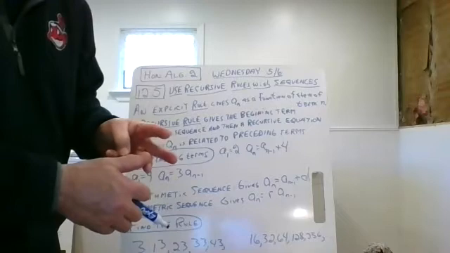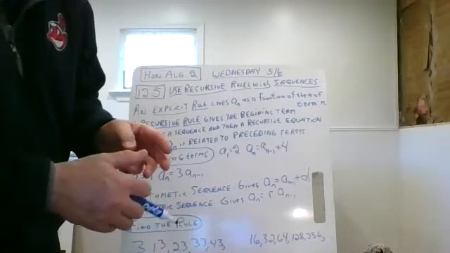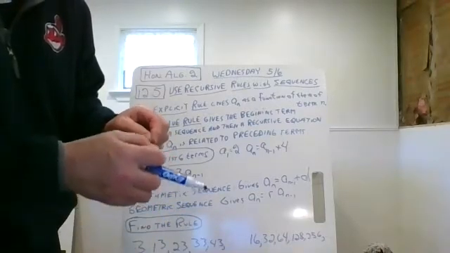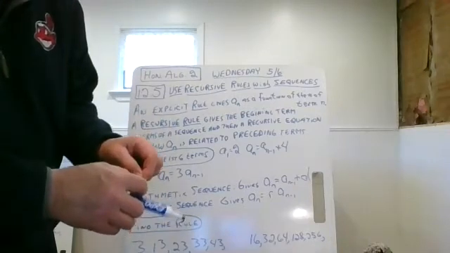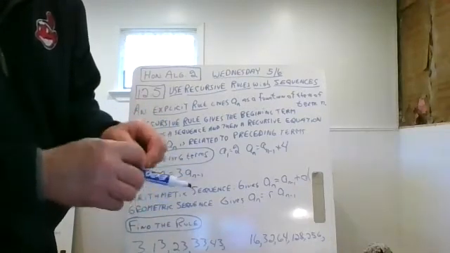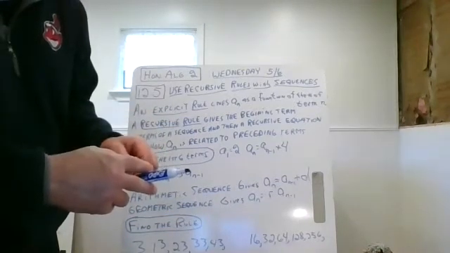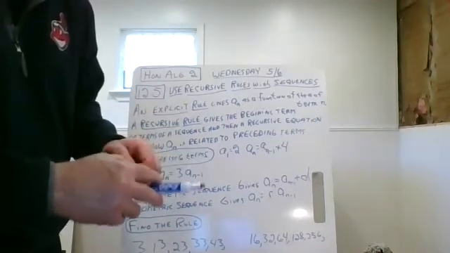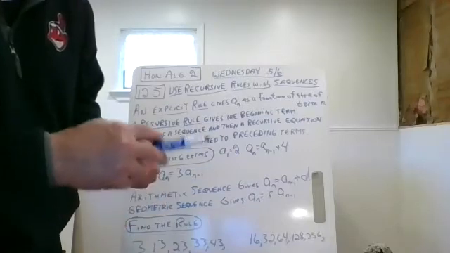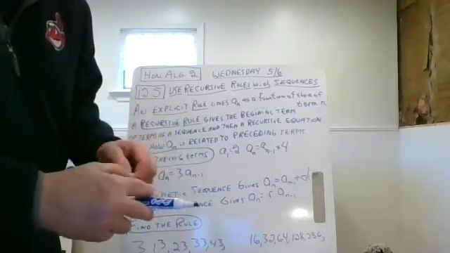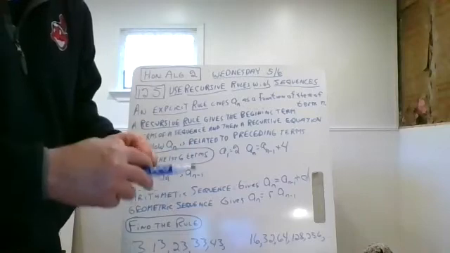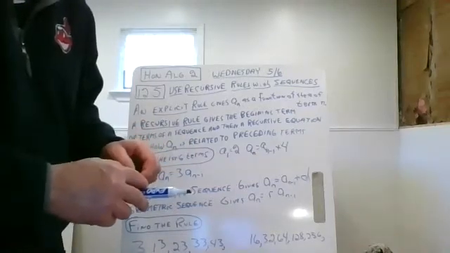And then they give you a sub n as a function of a sub n minus 1 and a sub n minus 2. You're given two terms, and you have to find your formula in terms of the two preceding terms. Those are the two things we're looking at.